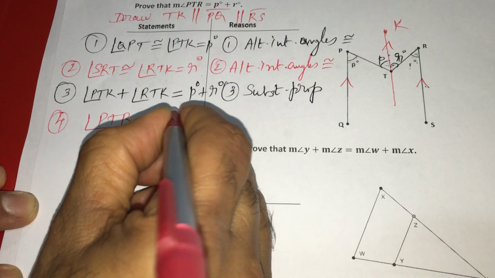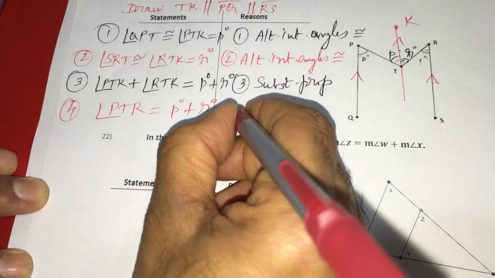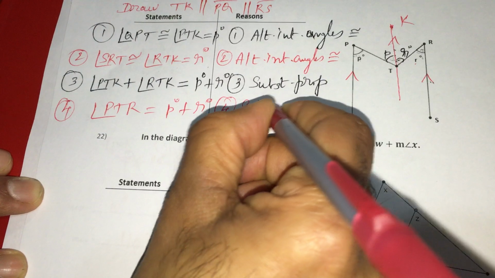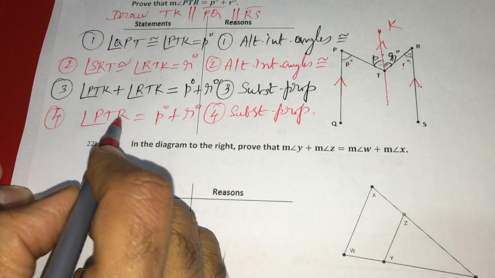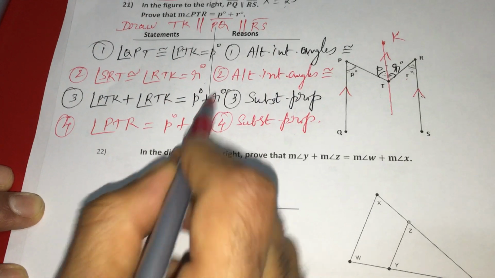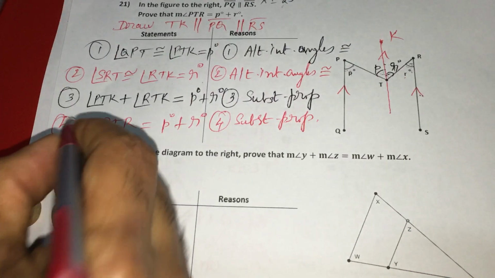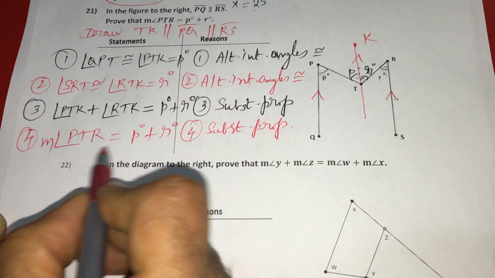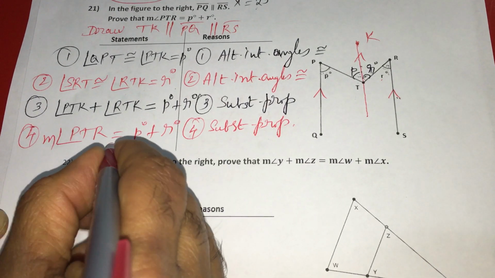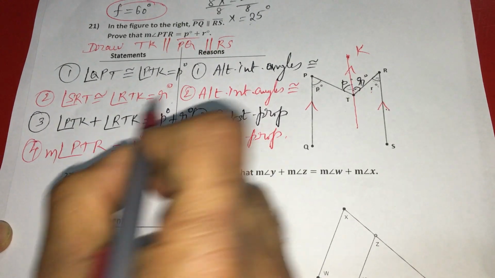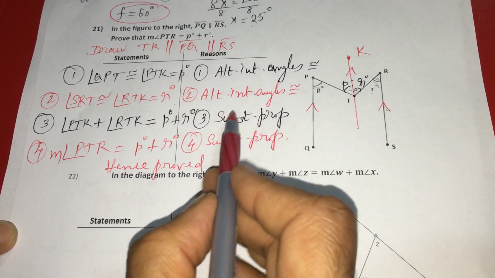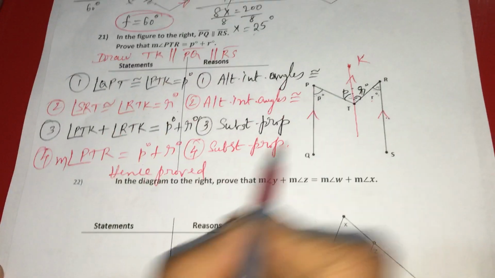That is equal to P degrees plus R degrees. This is also substitution property. See here, angle PTR I have proved is P degrees plus R degrees. That is what we want. So the measure of angle PTR is P plus R, hence proved. So in this way I have to prove. So practice, after watching this, you try to write without seeing. Then only you will learn how to prove it.